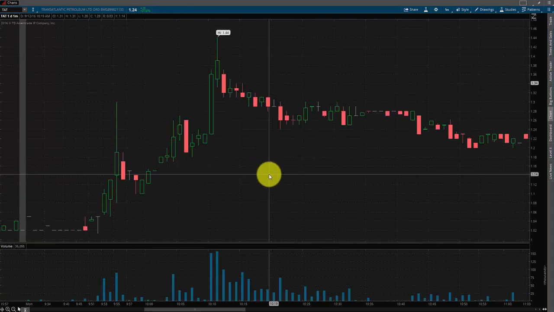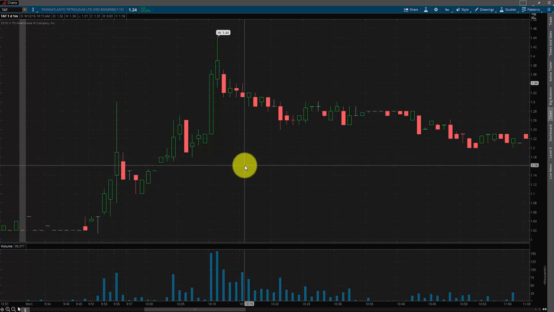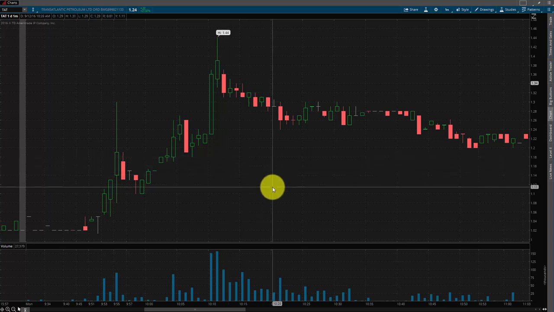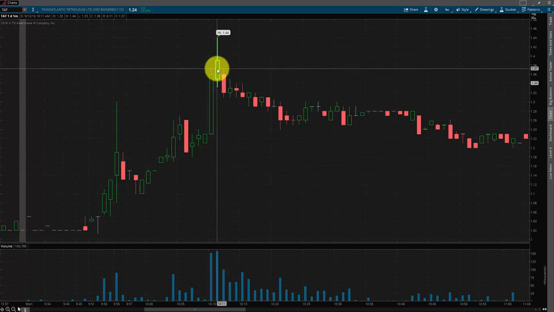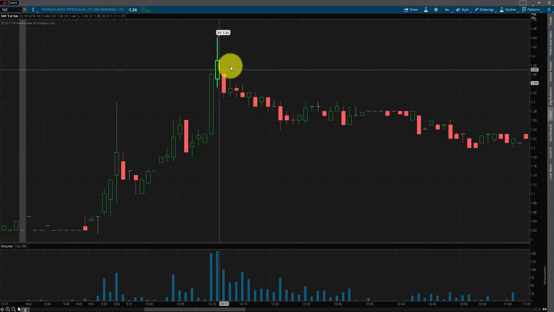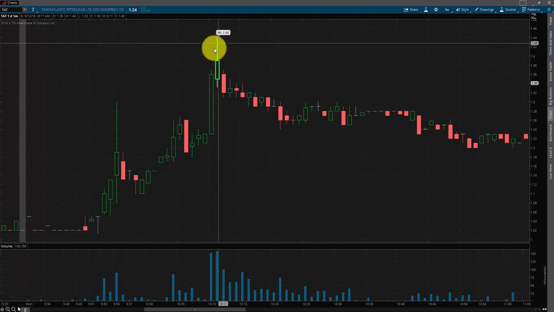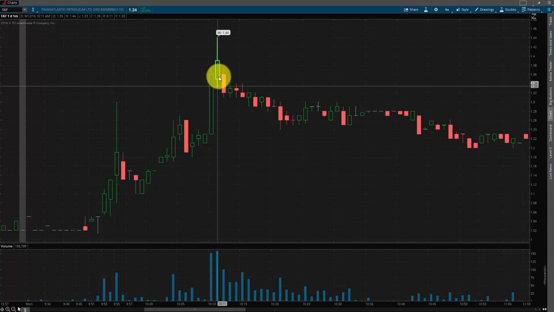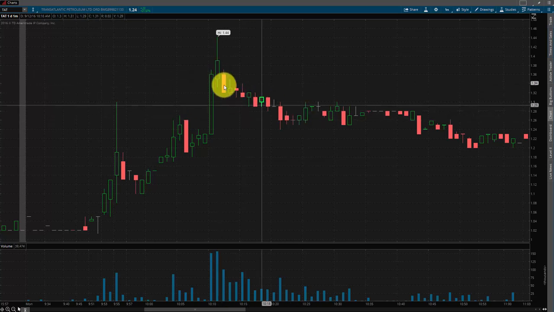I used technical indicators, I used my scanners, I used my strategy, but in the end, what actually made me sell was this candle here.